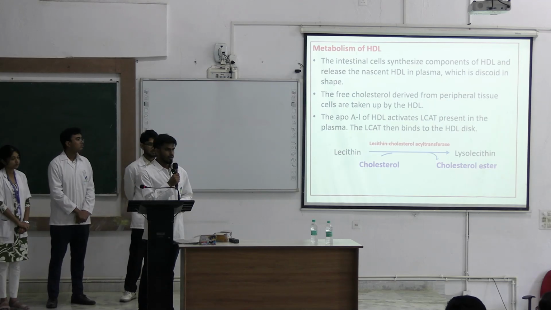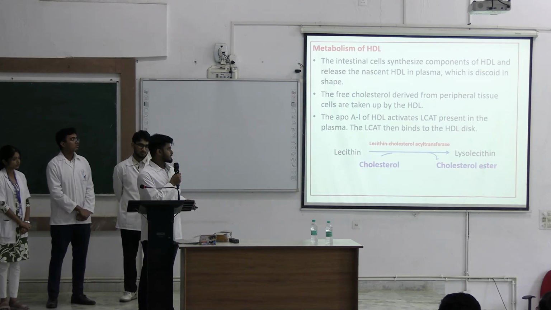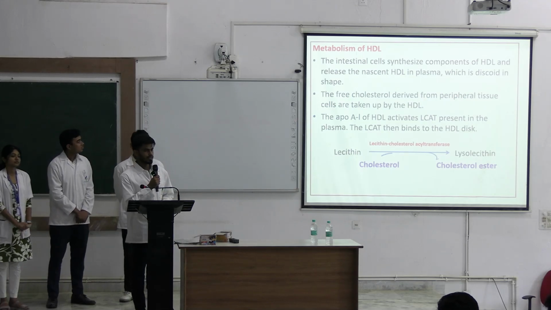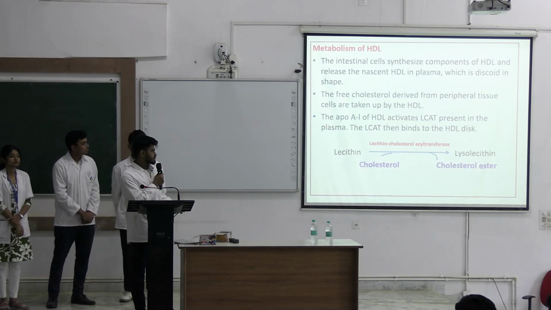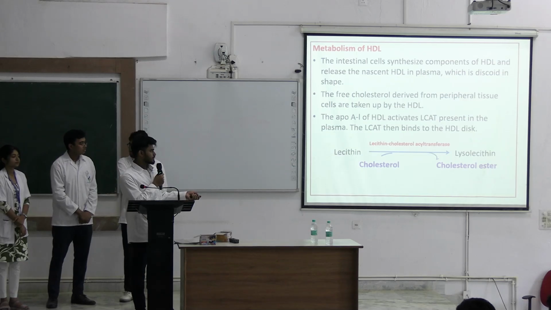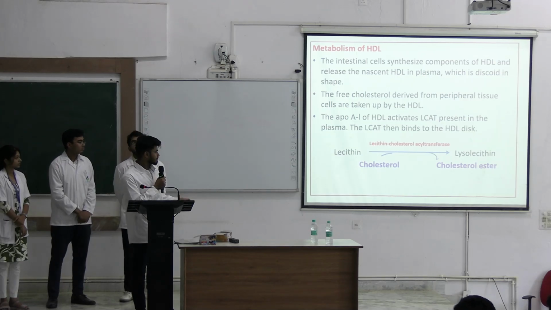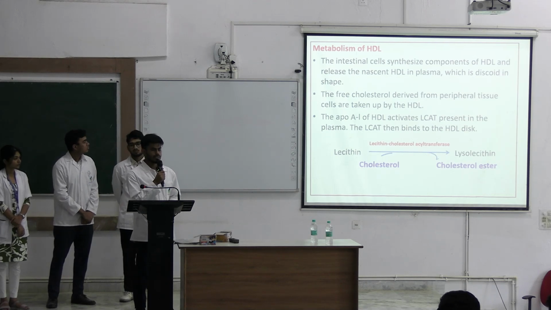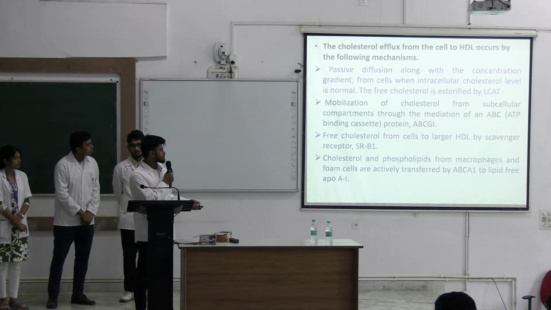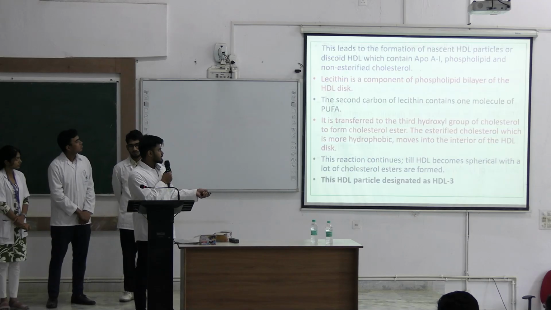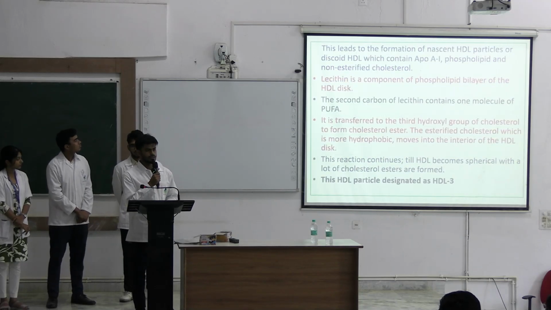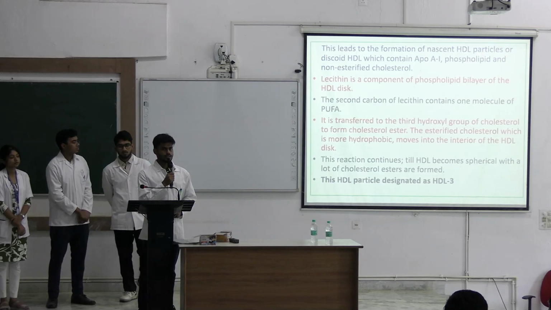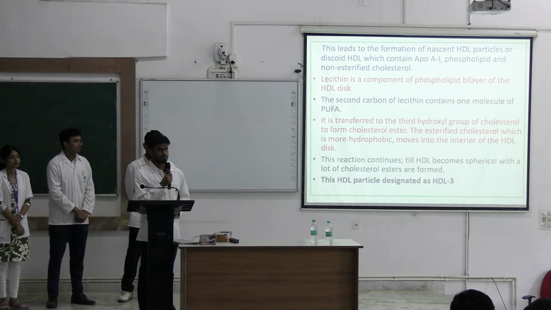This cholesterol comes into the HDL, and ApoA1, which is present in the HDL, activates the LCAT enzyme, which converts the cholesterol to cholesterol ester. Then this cholesterol ester goes into the center core of the HDL. Now when this cholesterol goes into the core of the HDL, it is matured into HDL3 or spherical HDL.